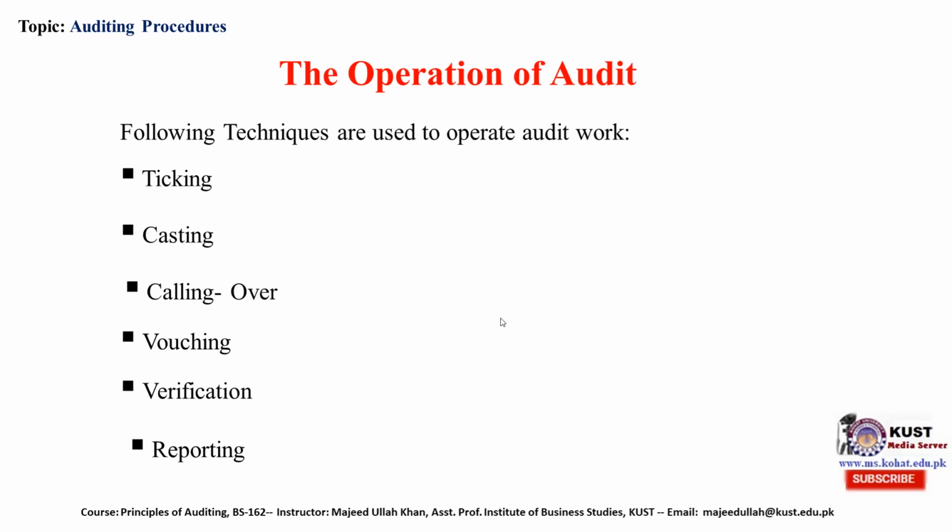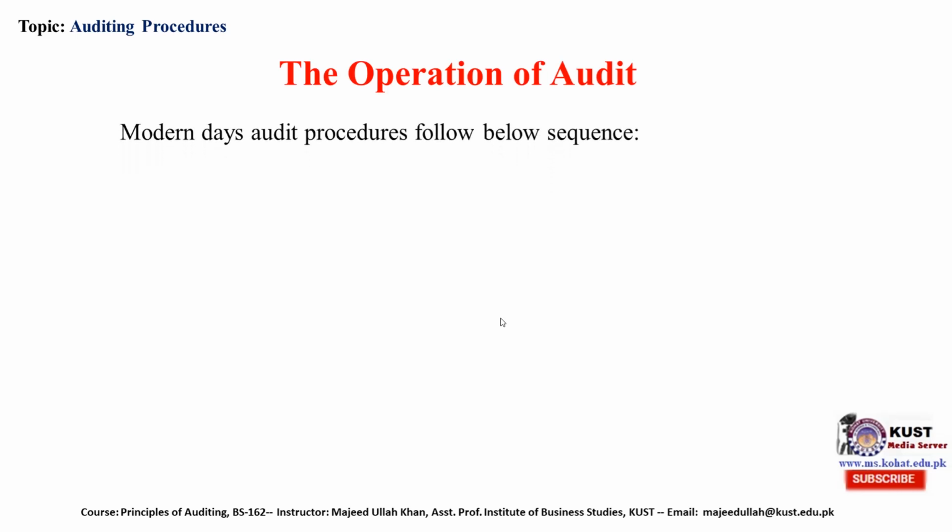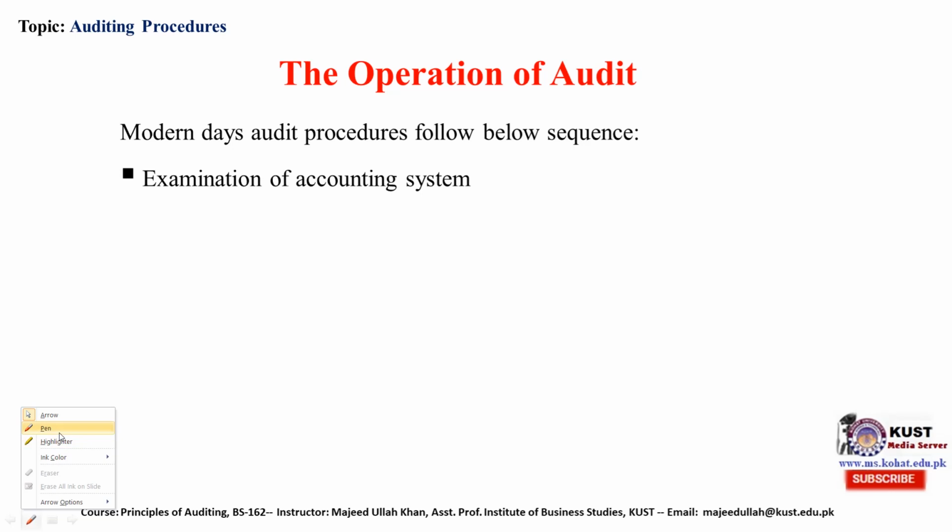Moving further, modern day audit procedures are as below. Examination of the accounting system. By accounting system we mean what we call SAP, standard accounting packages, Oracle Financial, or any other.